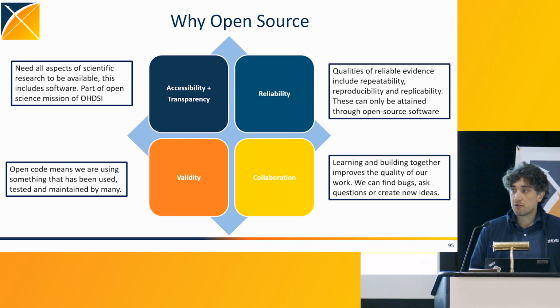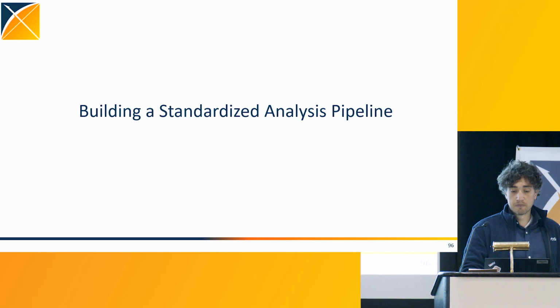And of course, we have collaboration. A nice thing is we have a community that can help improve the tools that we have. If they're open source, anyone can look at them, and if people make mistakes, as people do all the time, you can post an issue, tell us this is a mistake, this is impacting my study, and we'll improve the quality of our tools, report bugs, and make the software better. So this is why we are open source.